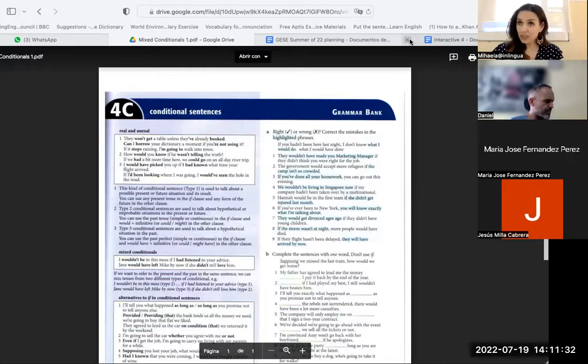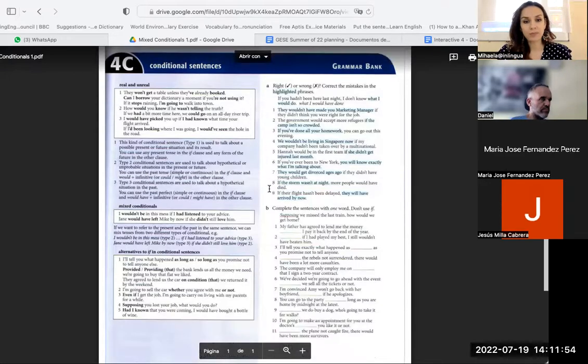Now, mixed conditionals is when you start to mix conditions and consequences from different conditionals. And if you find a good grammar book, you will see that there's like 7 or 8 types of mixed conditionals. I don't find them particularly useful for a conversation unless they are these 2 types.